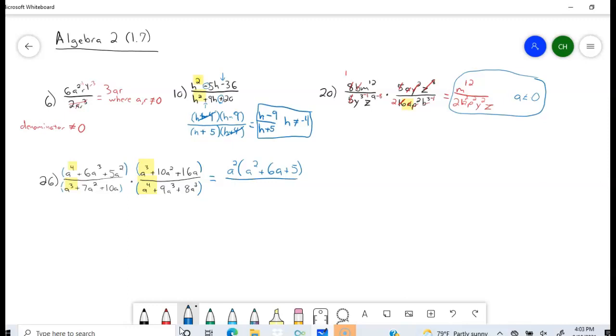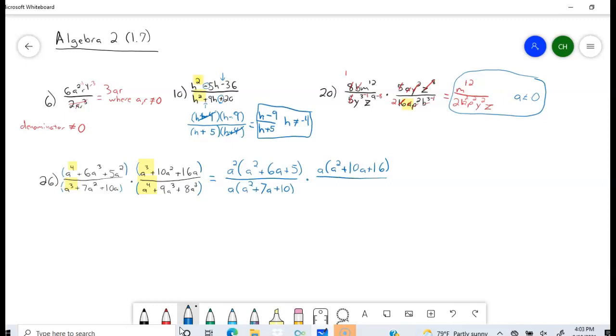On my denominator over here, I have an a in all of them, so I'm going to pull an a out, and I'll be left with a squared plus 7a plus 10. On the next numerator, I see a common factor of a, which will leave me with a squared plus 10a plus 16.